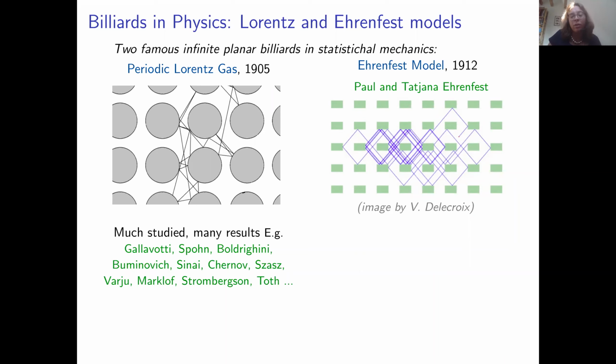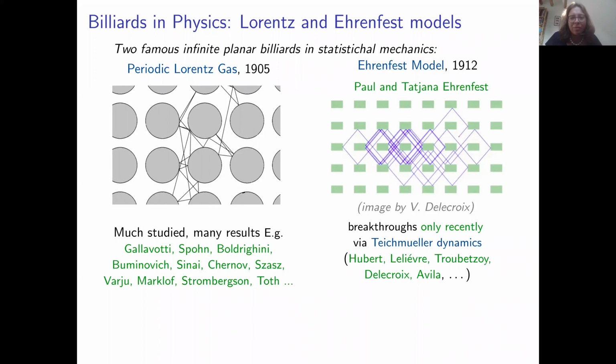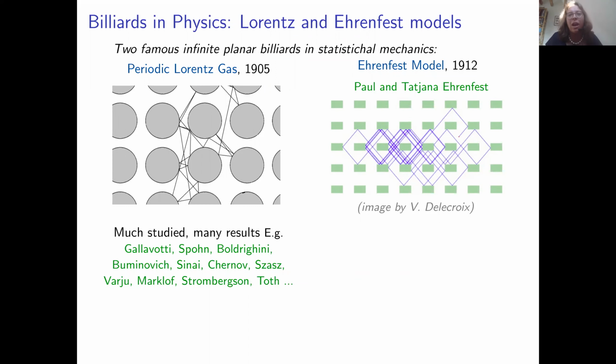They thought that if you replace the circular scatterers in the Lorentz gas with rectangular scatterers, maybe we will get a better, easier model to understand. So this is like the periodic Lorentz gas, a periodic array, but this time the scatterers are rectangles. And maybe surprisingly, for essentially 100 years, there were essentially no rigorous mathematical results on the Ehrenfest model.